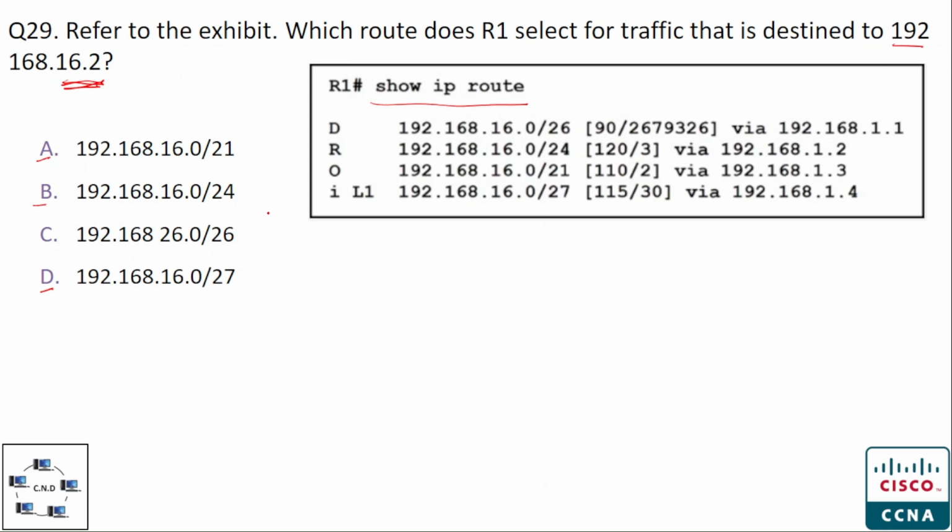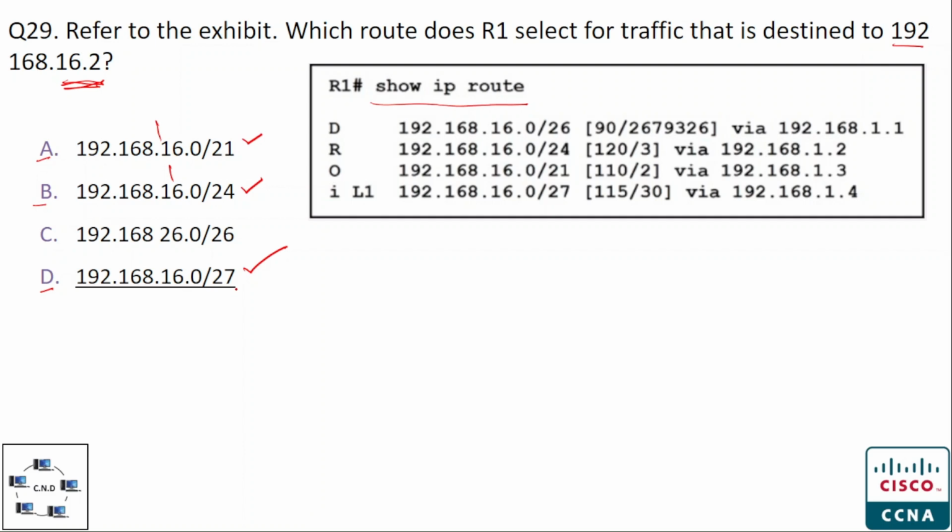And the correct option is option D, the 192.168.16.0/27. Although this destination also exists in this network as well as in this one, you can reach this destination through this route as well as through this route.